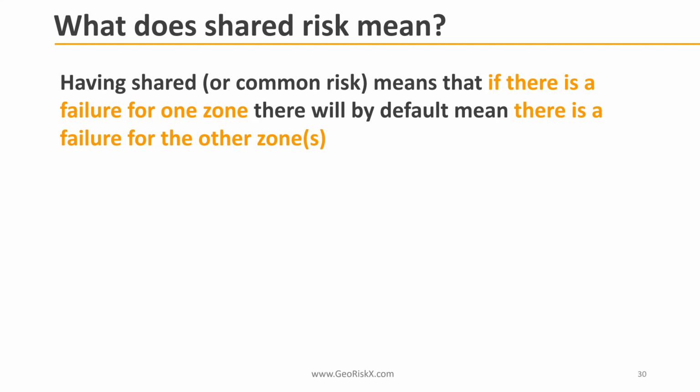Having a shared risk means that if there is a failure for one zone for that risk, then there is a failure for all the other zones. Now, it's important to remember that when we're looking at exploration, everything has to work in order for it to be a success.